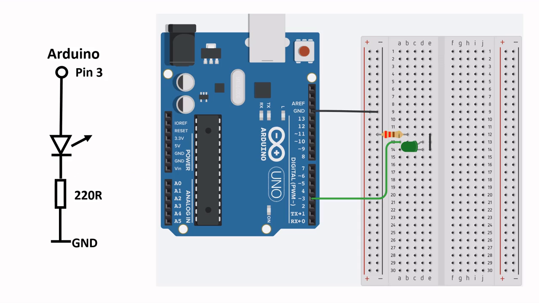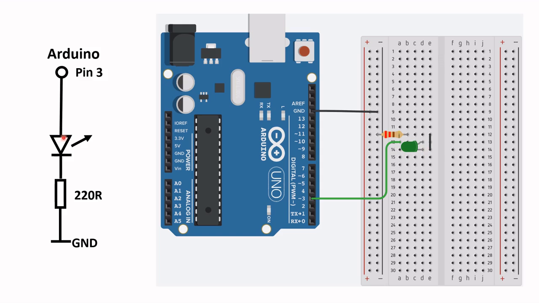Hardware. Now, to test the code, we require some hardware, and here's the circuit diagram that is required. So I have an LED, which is green color on the wiring diagram, or any other color that you want to use. It doesn't have to be green.